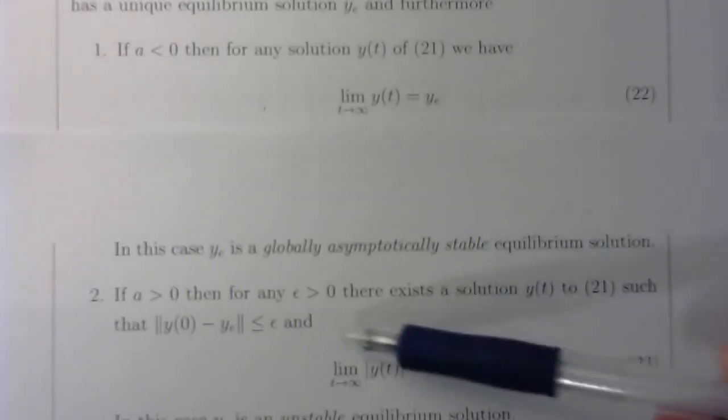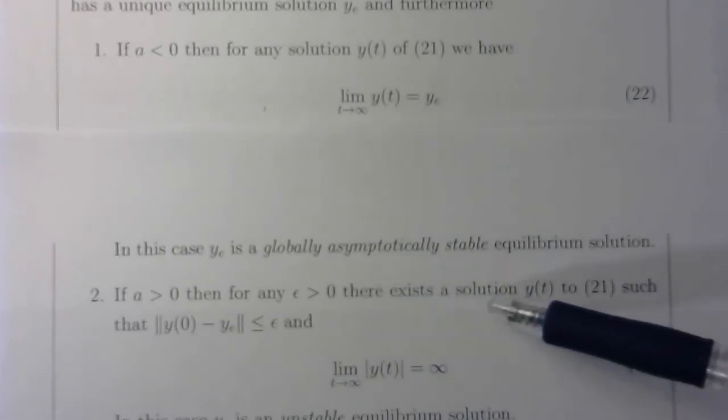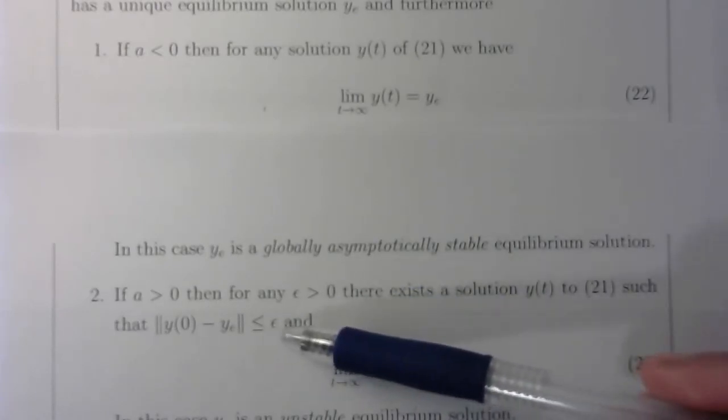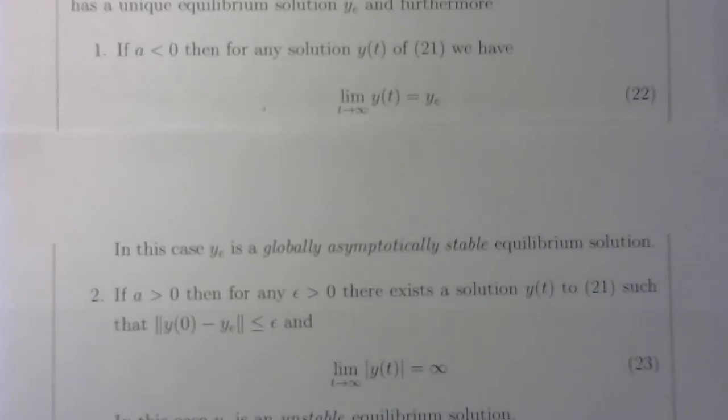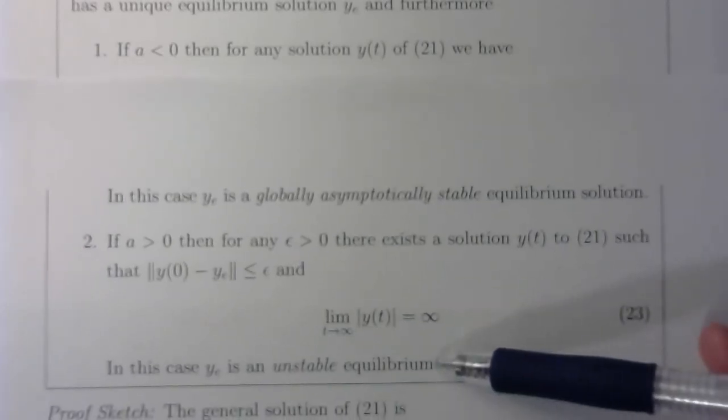And if A is greater than 0, then for any epsilon, I can find a solution that gets greater than epsilon away from the equilibrium, and will get arbitrarily big as t goes to infinity. In this case, it's unstable.